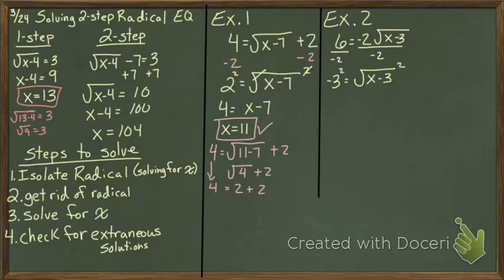So I'm going to square both sides. Whenever I square negative 3, that's going to give me positive 9 equals x minus 3. I would then add 3 to both sides. So x equals 12. So going back and checking or proving that that is an extraneous solution that would not work in this situation, I'm going to plug it back into the original problem.